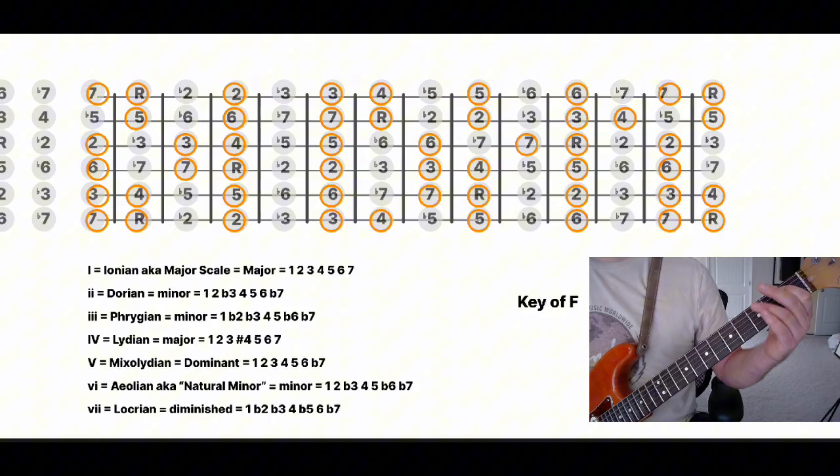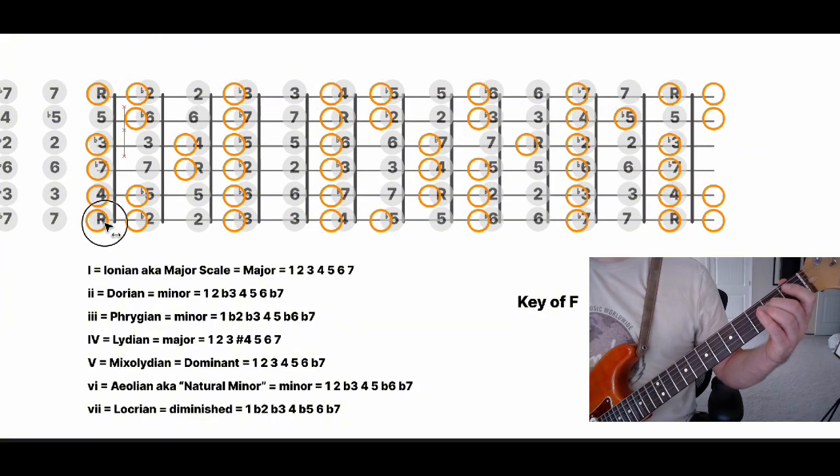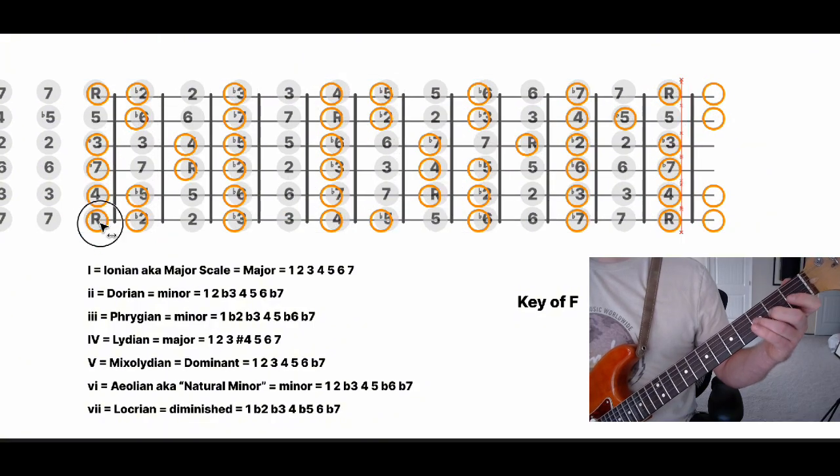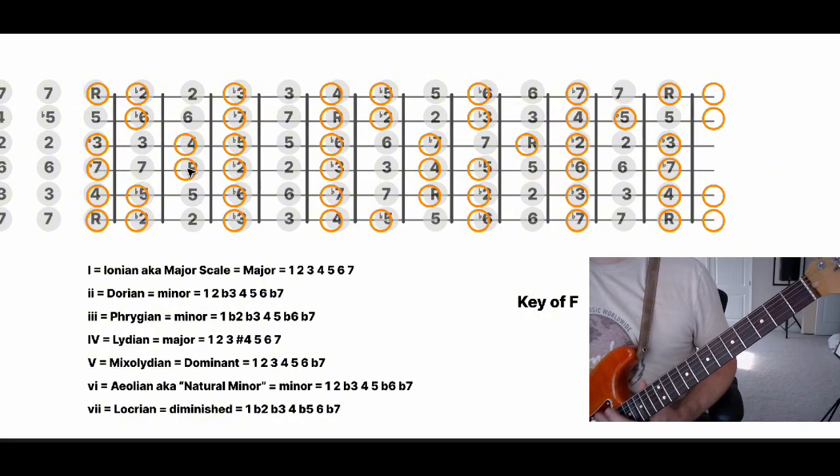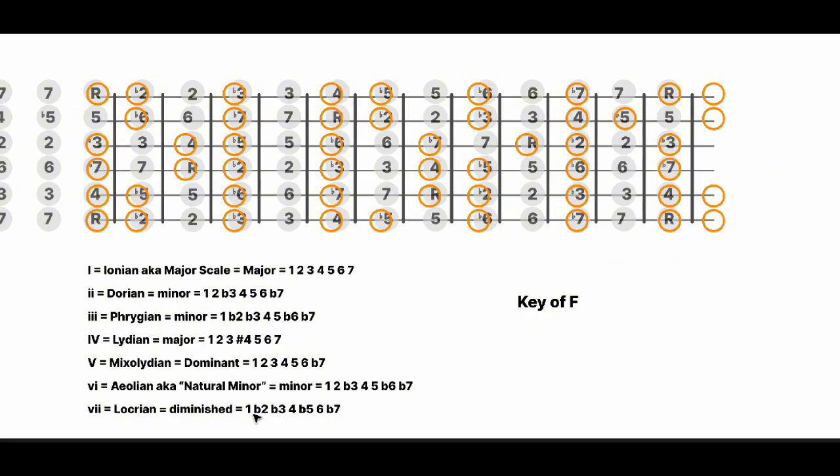So what I should have done actually is this, not start on F, we're starting on the 7. So the F is 1. So we have this one, which is root, minor second, minor third, perfect fourth, diminished fifth, minor 6, minor 7, root. You can see that written here. And with 1, flat 3, flat 5, flat 7, that of course is a diminished chord. And this can be used over diminished chords.